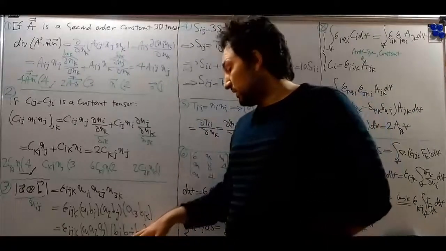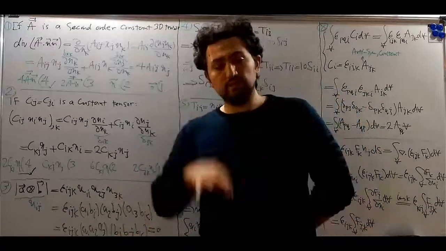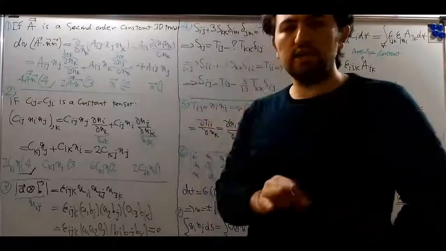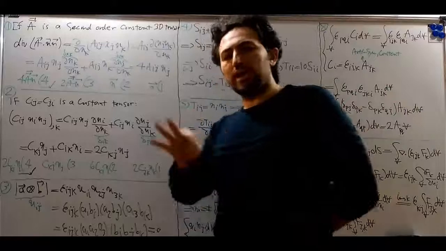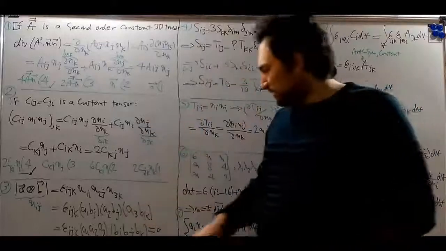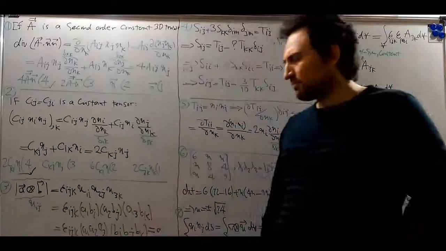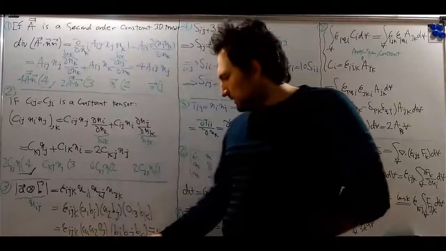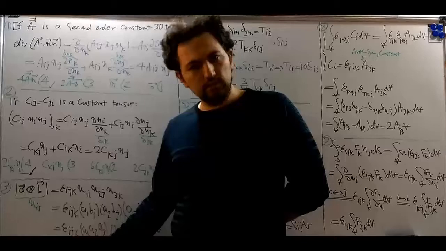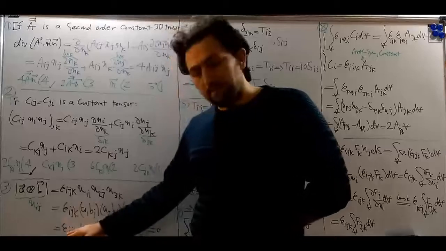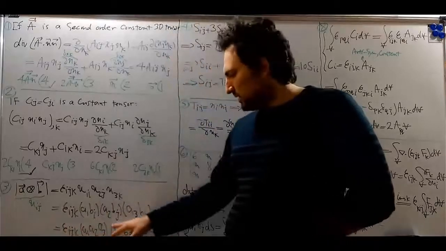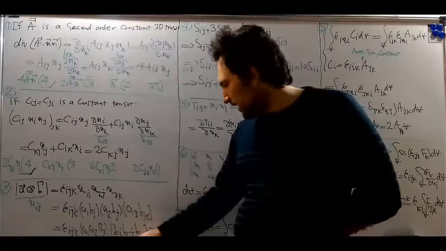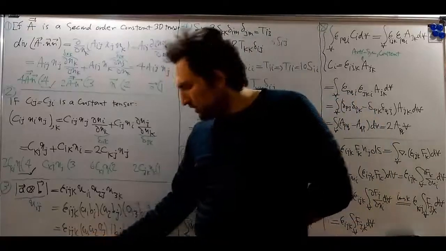So this third order tensor is symmetric with respect to i and j, and also with respect to i and k, and also with respect to j and k. And also we have at least two identical indices between the permutation symbol and this third order tensor. You see i, j, k, and again i, j, k.